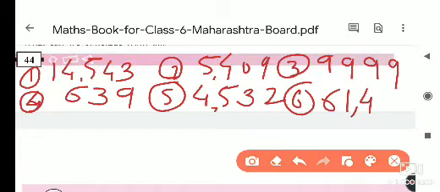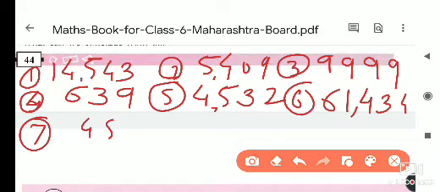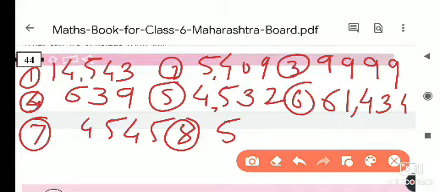The sixth number is 61,434. Next, the seventh number is 4,545. The eighth number is 5,040.